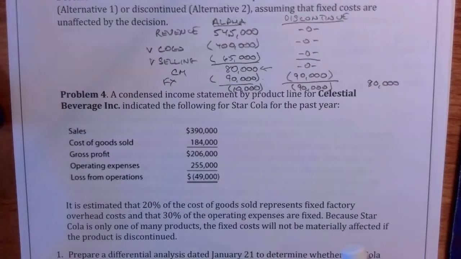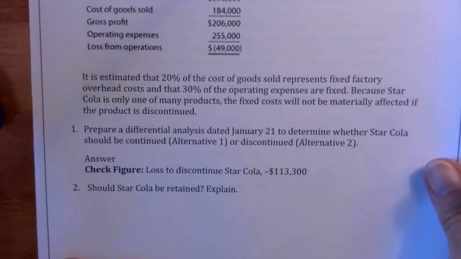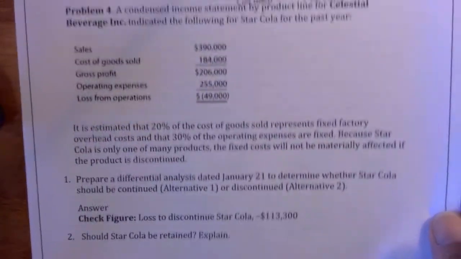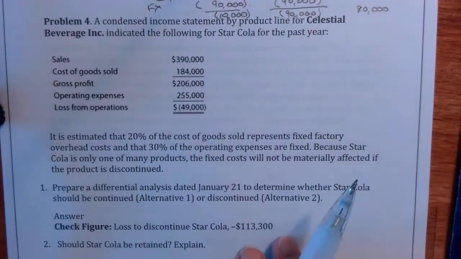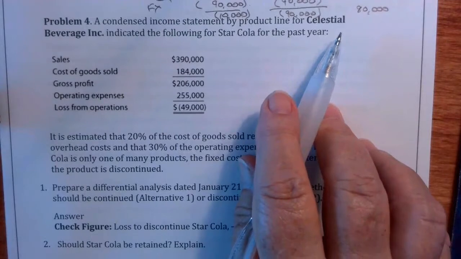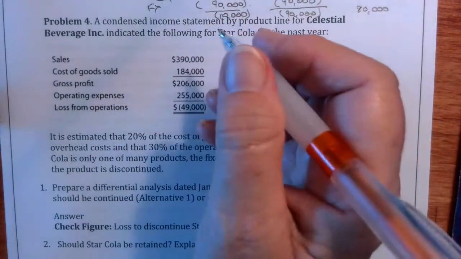Okay, let's take a look at another one now. This is an income statement by a product line for Celestial Beverage, and this indicates the following. This is for Star Cola. Okay, this is our product line.